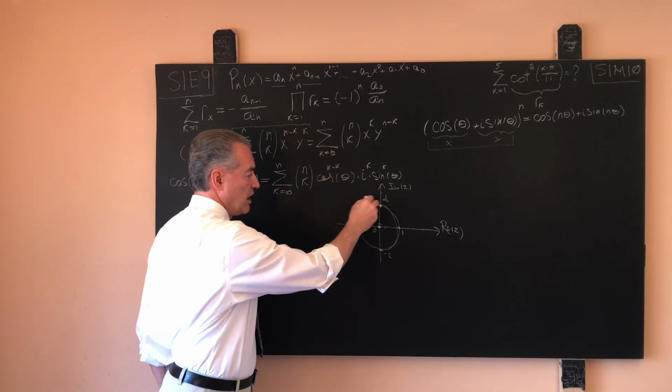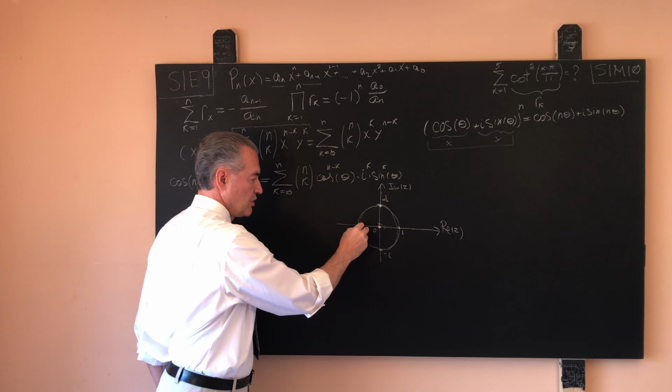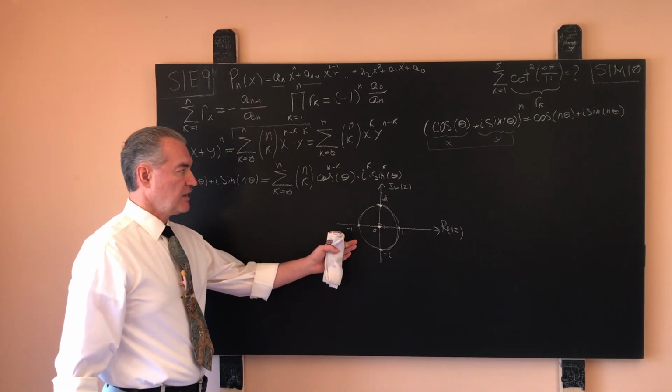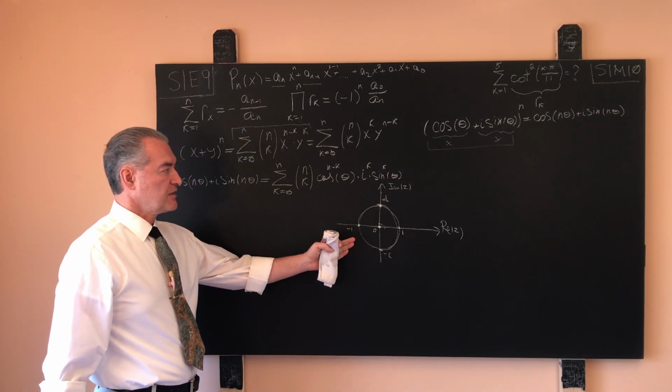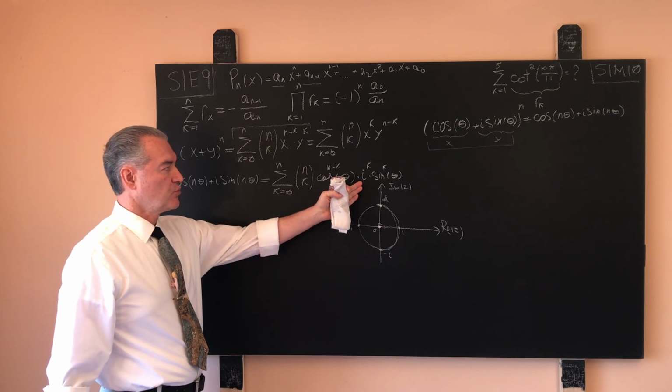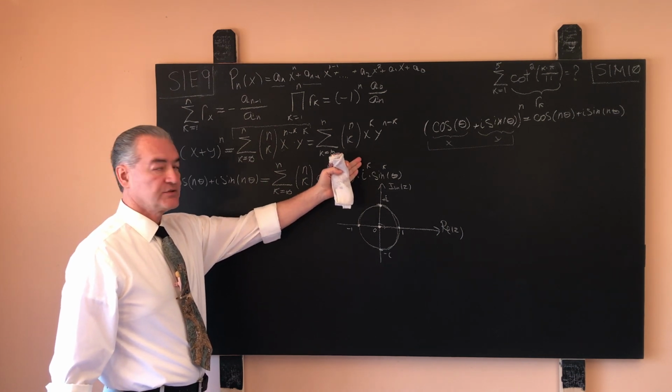So, for example, I squared lands us on the point -1.